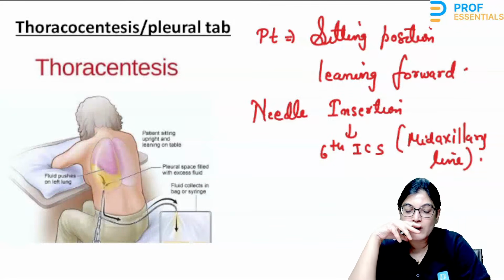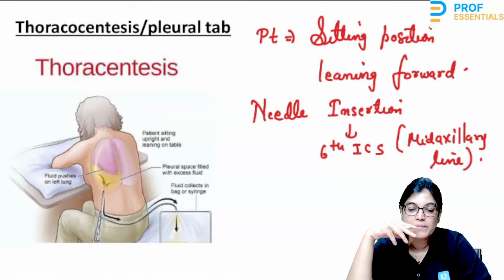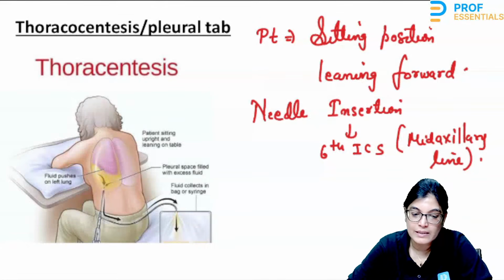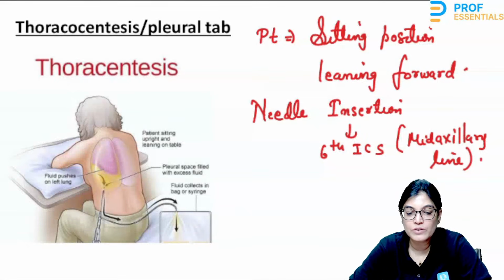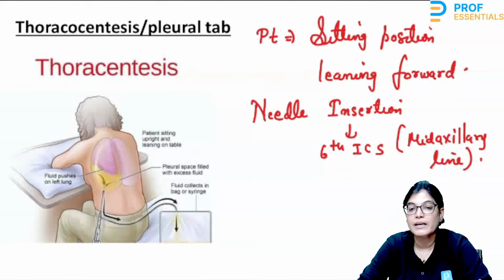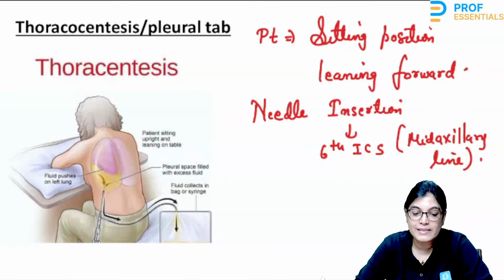So in the 6th intercostal space, the needle is inserted into the lower part of the intercostal space. And exactly why is it done here?